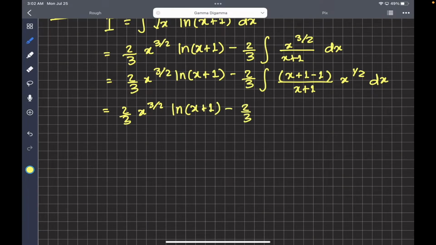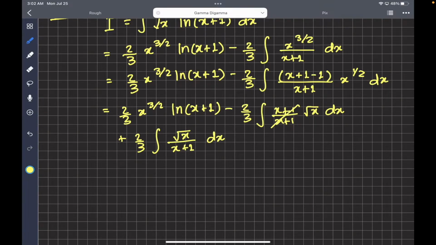So we have 2 by 3, we're gonna have x plus 1 over x plus 1 square root of x dx plus 2/3 integral of square root x over x plus 1 dx.